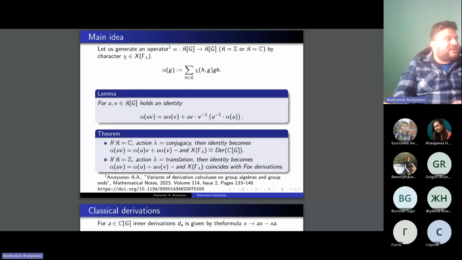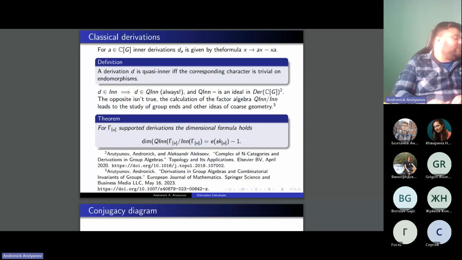Let's look at classical derivations a little bit more precisely. Perhaps everybody knows what inner derivations are. They are derivations which act on an element x by the commutator formula, as it is written. And the character which corresponds to an inner derivation is trivial on loops.